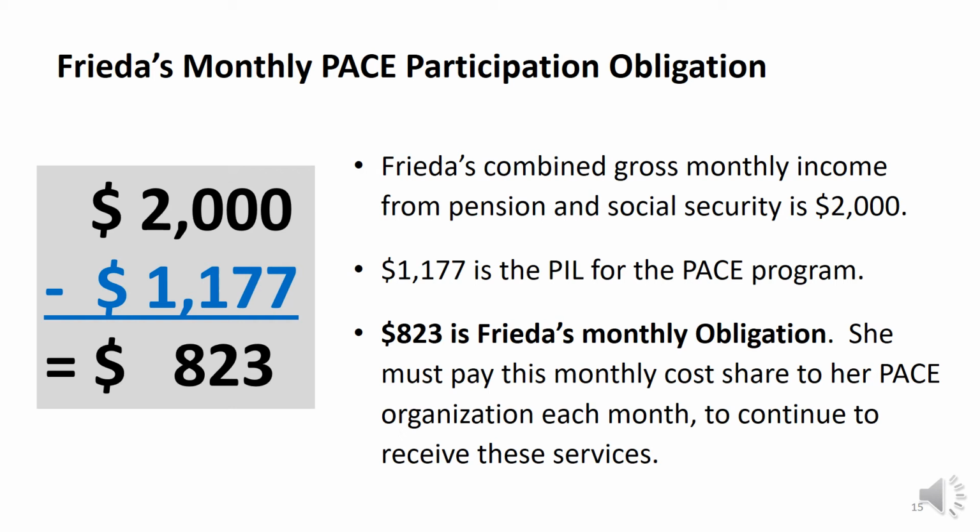It's $1,177. So we take her total gross monthly income minus protected income level, and we get $823 a month. That is Frida's monthly obligation for the PACE program. She must pay this monthly cost share to her PACE organization each month to continue to receive those services.